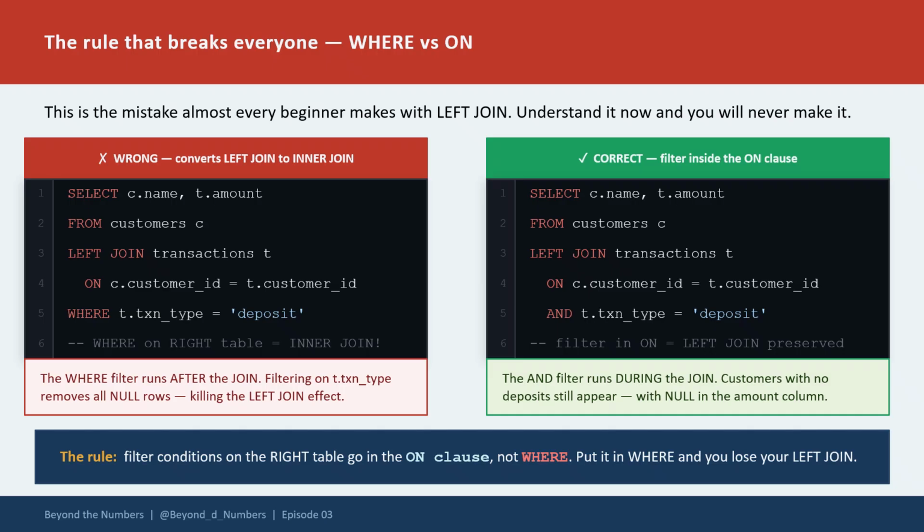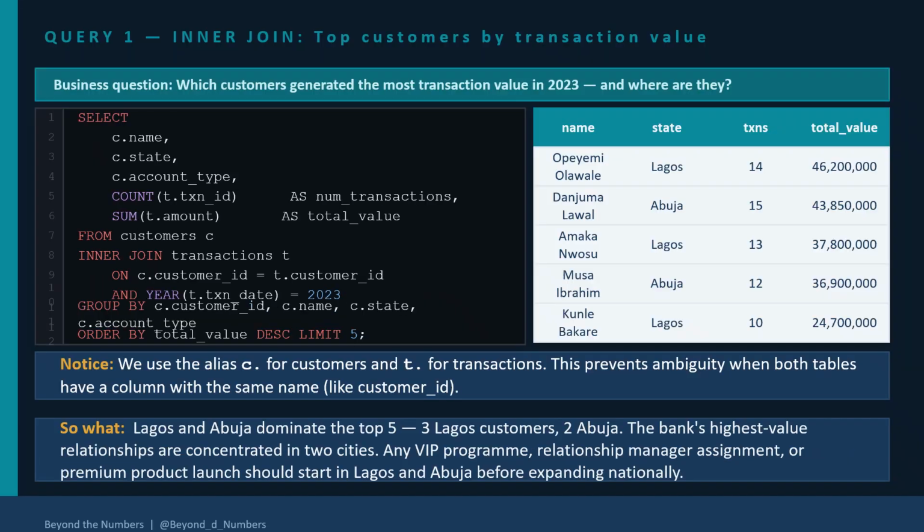Now let's apply all what we have talked about, and let's look at this business question. Which customers generated the most transaction value in 2023? And where are they? So look at the query. We select the customer's name, the state, and account type from the customers table.